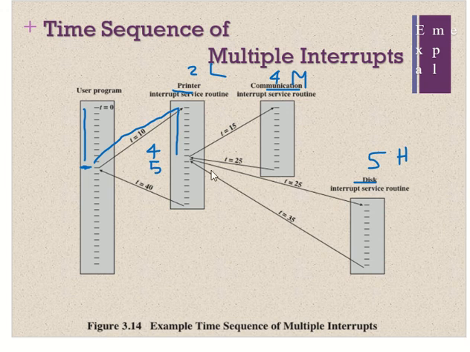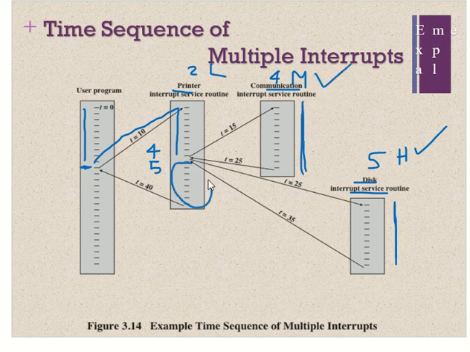Fine. So the disk service routine will be taken into account first, and later this service routine, because the disk has the high priority. So the disk interrupt service routine will be executed, then the communication service routine will be executed.